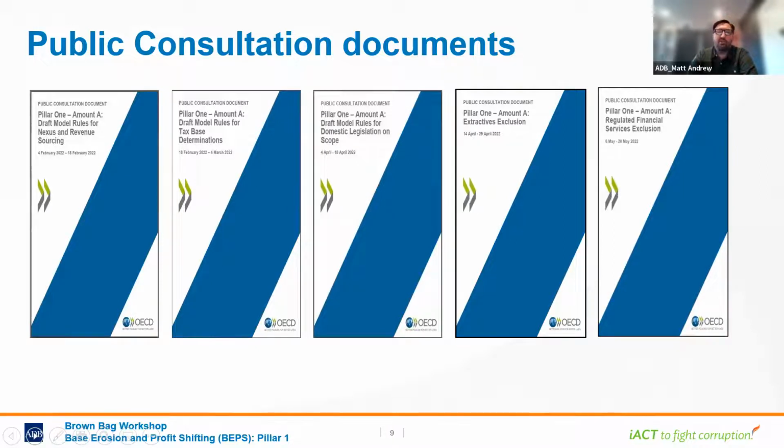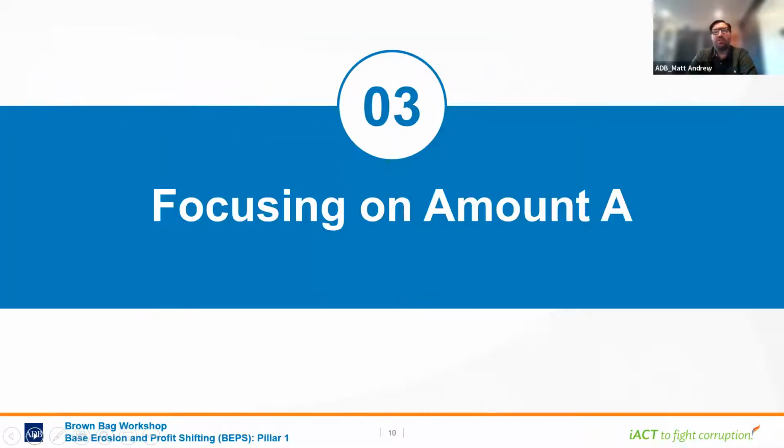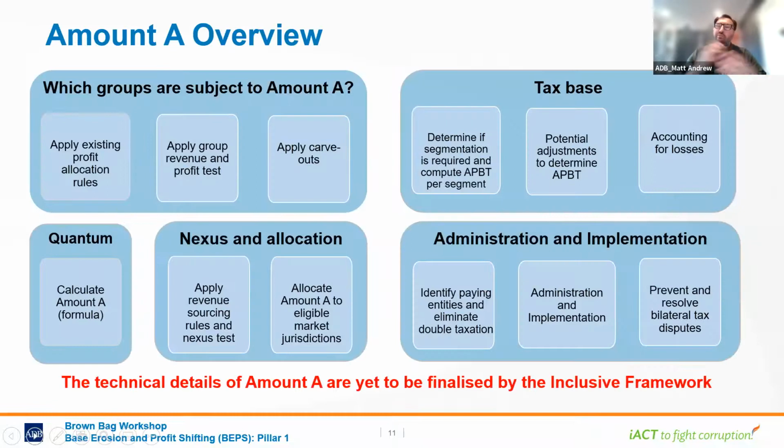If we could move to the next slide, please. So let's now turn to Amount A. On the next slide, this is to give you an overview, and this is subject to change, obviously, but Amount A includes understanding what groups are in the scope of Amount A and which are not.